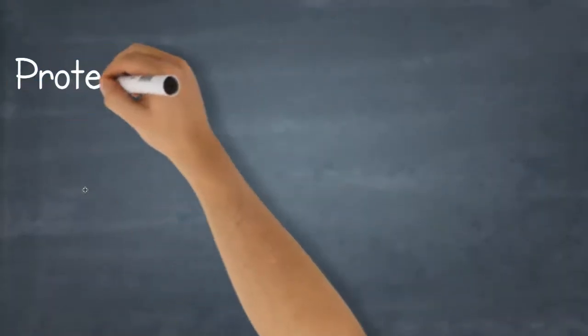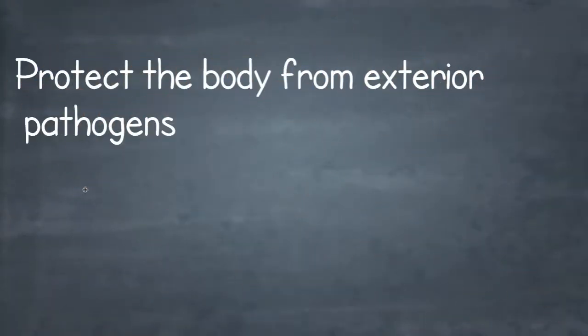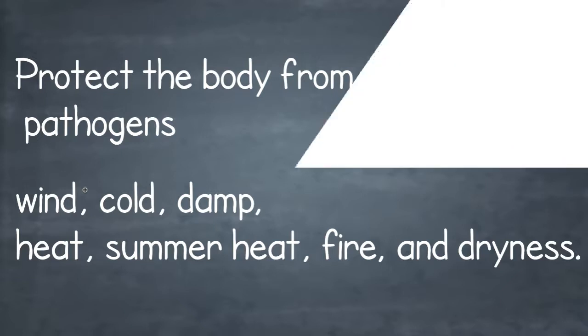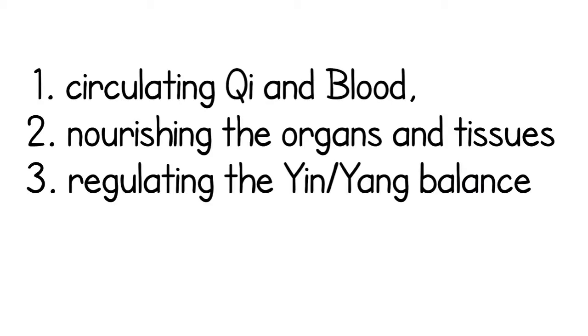The second function of the meridian system is to protect the body from exterior pathogenic factors such as wind, cold, damp, heat, summer heat, fire, and dryness. They do this by circulating qi and blood, nourishing the organs and tissues, and regulating the yin-yang balance of the body.